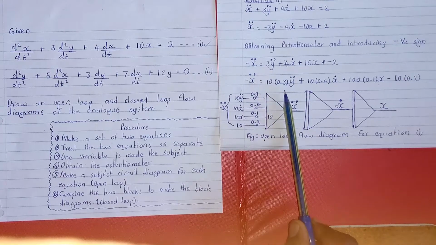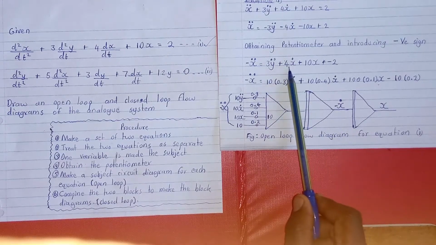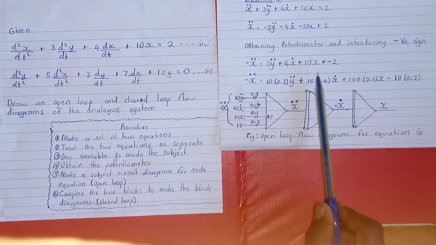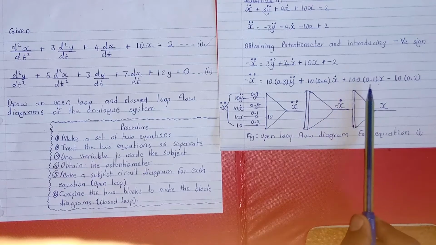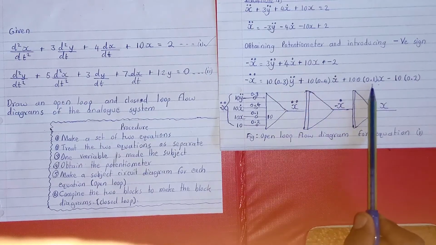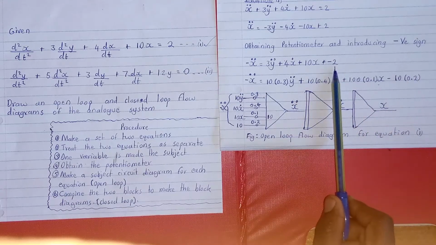Note that 0.3 is less than unity. The same applies for 4 and for 10, whereby we'll have to multiply 100 by 0.01, for this 0.1 to be less than unity. Then it will also apply to our 2 here.